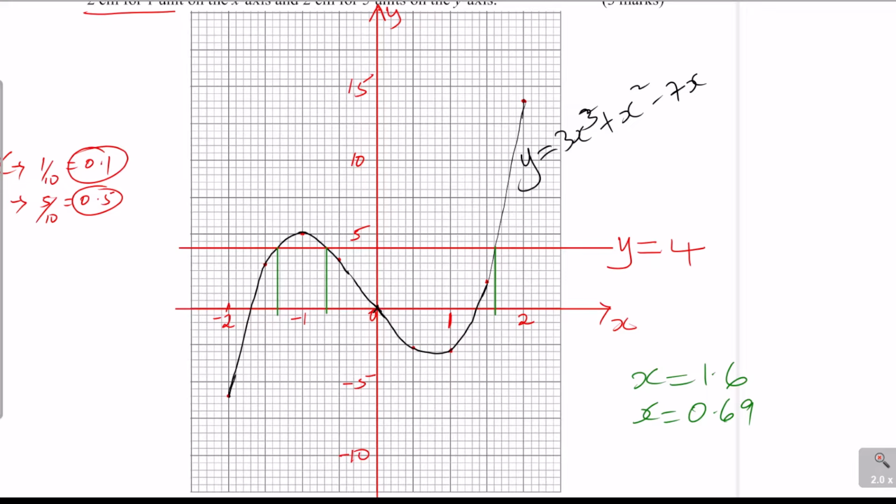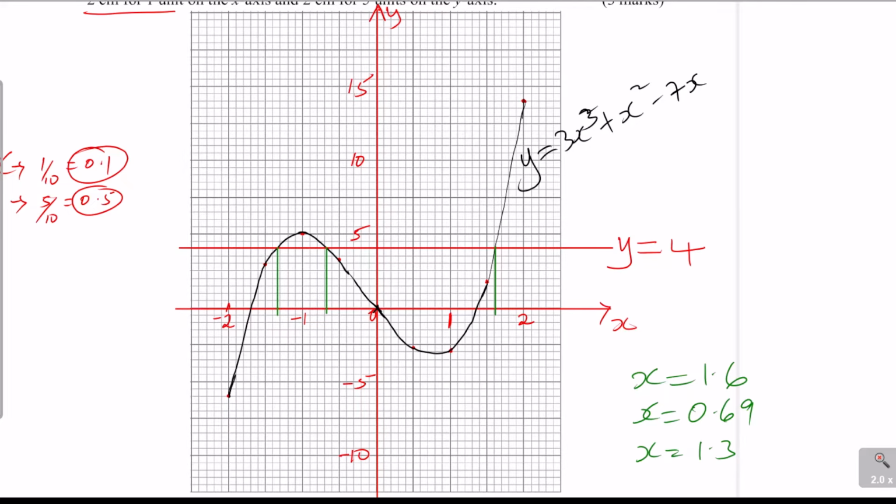And then the last one which is here. So this is 1.1, 0.2, 0.3, around 1.3, 1.31, around there. We can approximate that because it is not exactly on the line. So x equals 1.3.